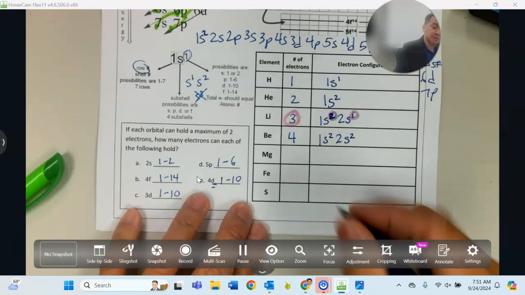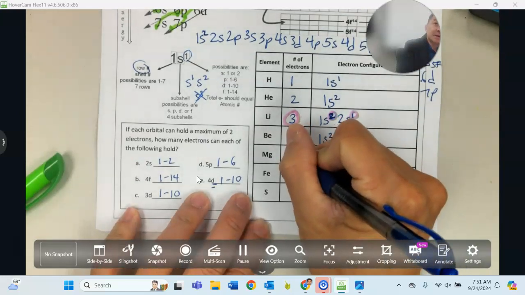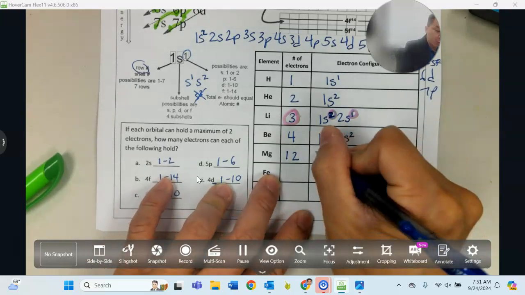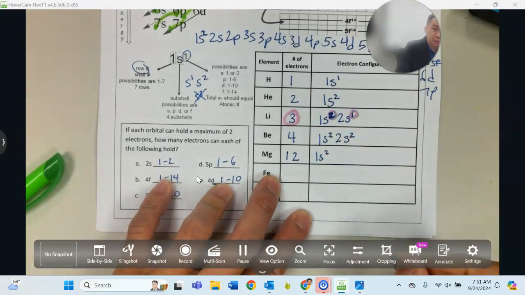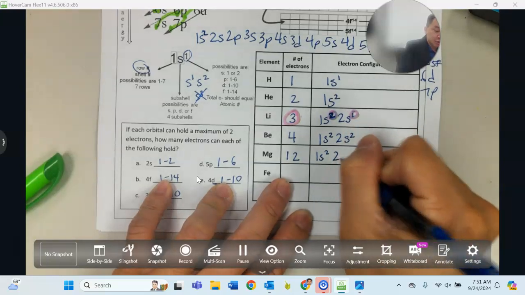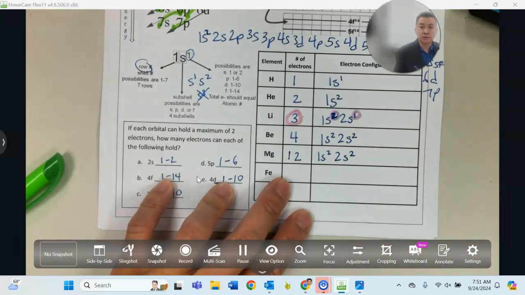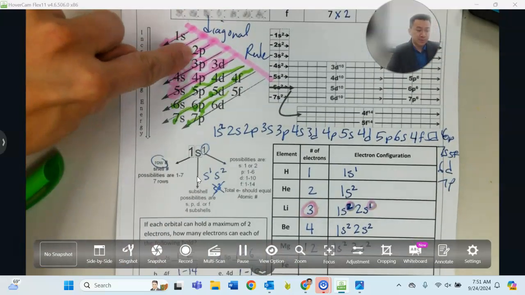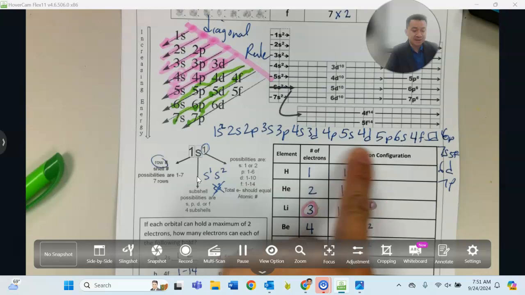This is new. Look, magnesium, atomic number 12. So we go 1s2. That's full. Go to the next one, 2s2. That's full. After 2s is, look, diagonal: 1s, 2s, 2p. If you write it out like this already, it makes it a lot easier.